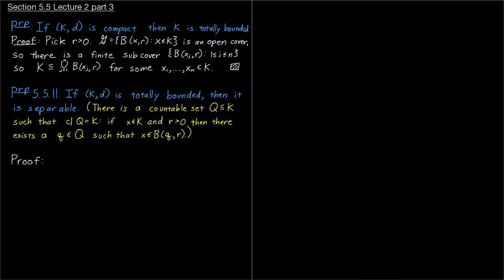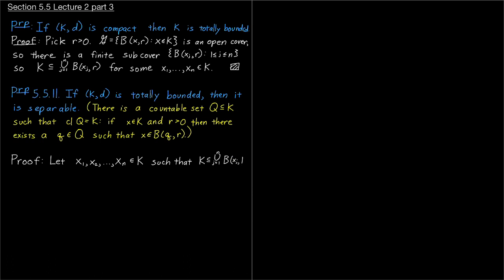So let's let x1, x2 up through xn be points in K such that K is contained in the union of the balls centered at xj of radius 1.